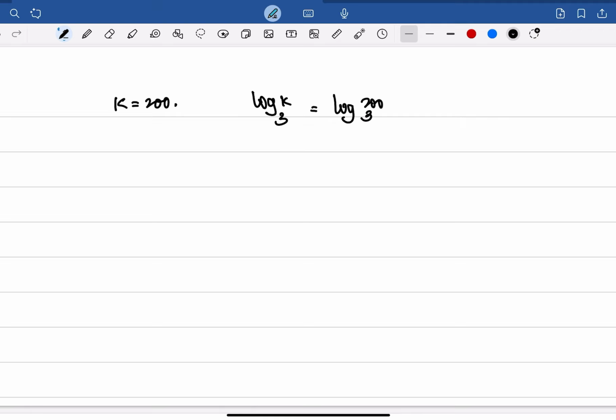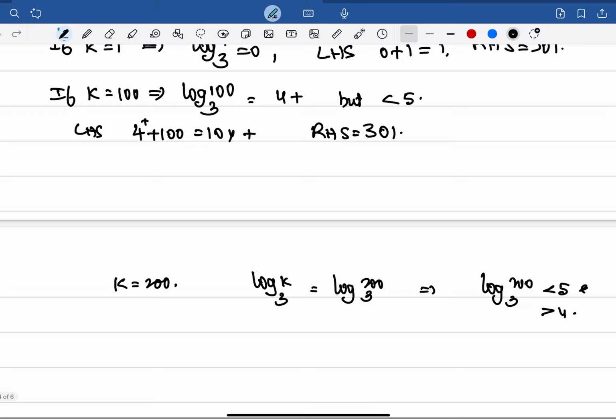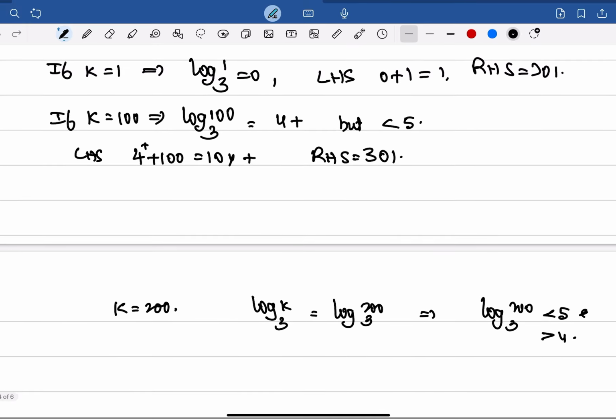That means log 200 to the base 3 is less than 5 and greater than 4. Let us take 5.